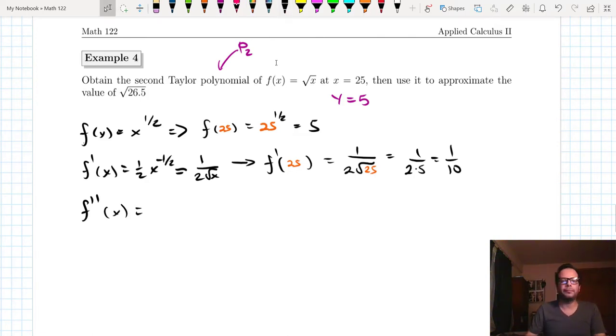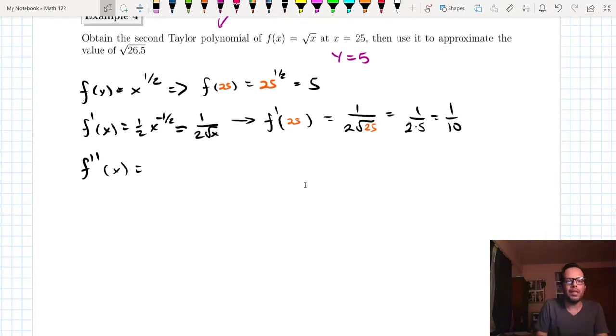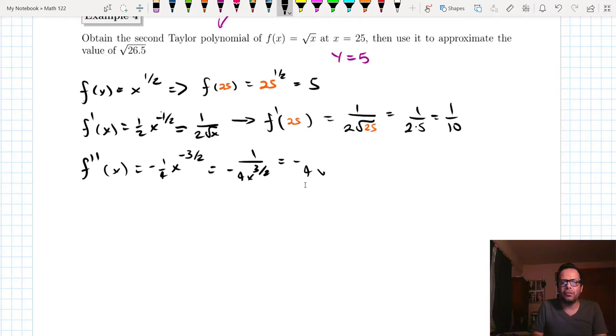So multiply negative 1/2 times 1/2. This is going to give us negative 1/4 x to the negative 3/2, which in this case, first of all, we need to work a little bit with exponents and radicals. So negative 4x to the 3/2 in the denominator equals negative 4 square root of x quantity cubed.